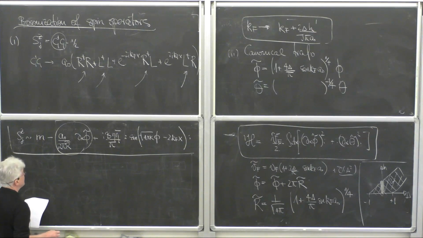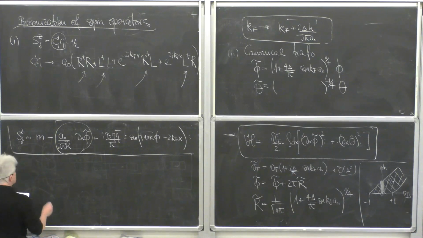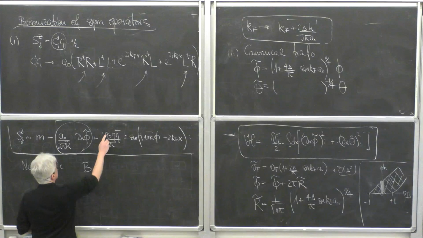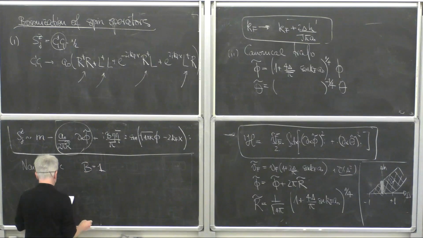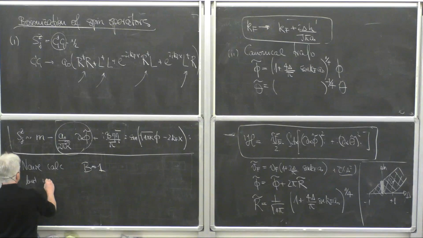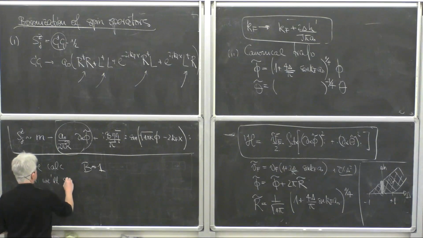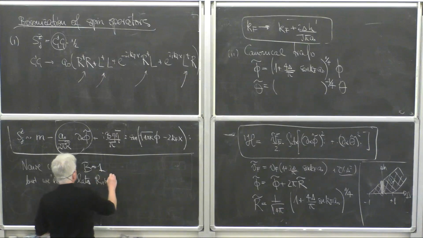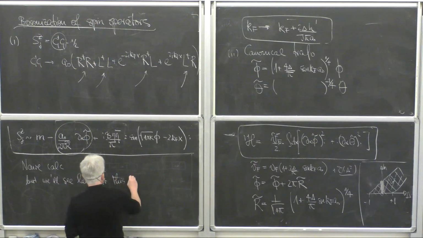Okay, now the naive calculation gives that this coefficient b is 1, but we'll see later that this cannot be trusted.